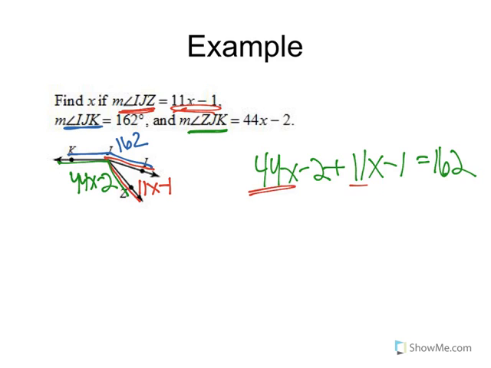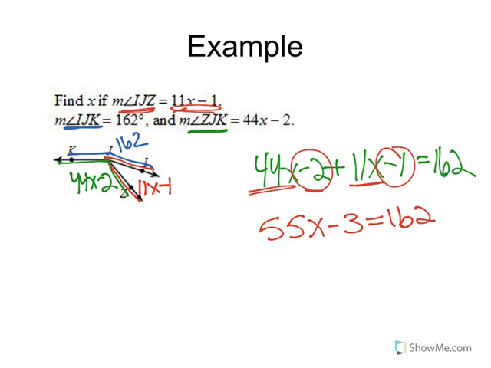We've got two x terms, two constants, so we can combine those like terms. 44x plus 11x is going to give us 55x. Negative 2 minus 1, so we're getting more negatives, so minus 3 equals 162. Add that 3 to both sides, and 55x equals 165.